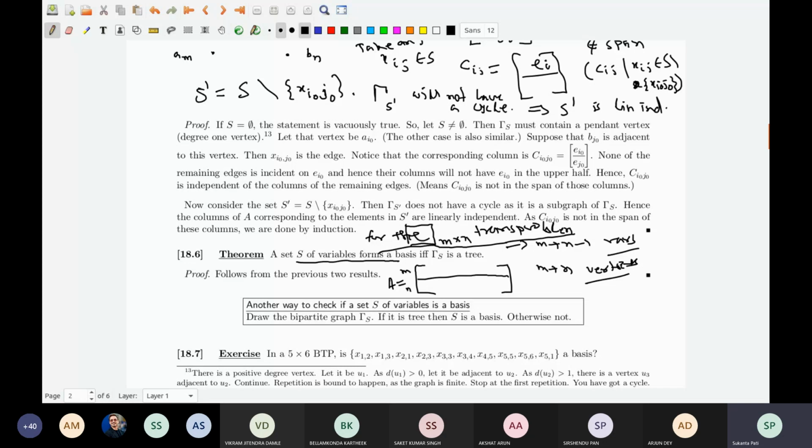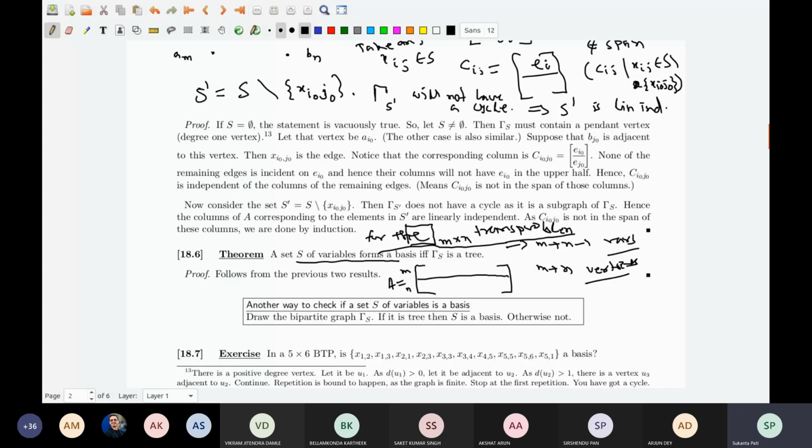Therefore, you have to select M plus N minus 1 columns to form a basis matrix. So a set of variables will form a basis provided it has M plus N minus 1.